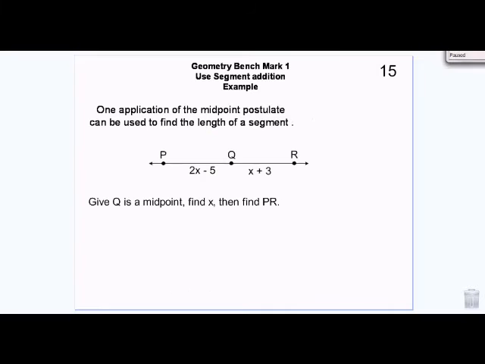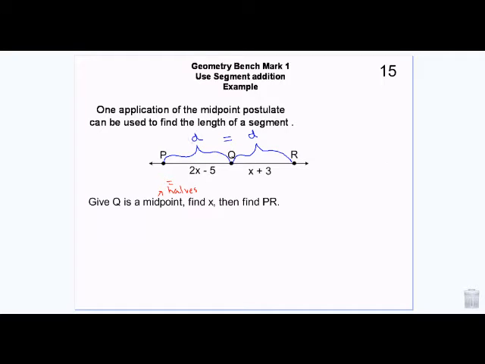A bit more complicated. We've got a midpoint. If you remember, midpoint means we've got halves, and they're equal. So that means this length and this length, that's a distance, and those distances are the same.